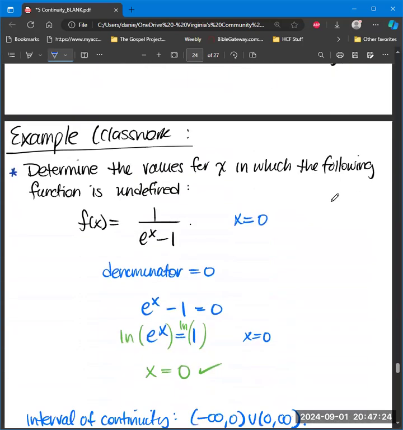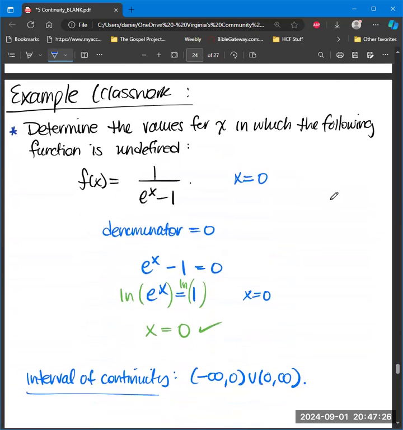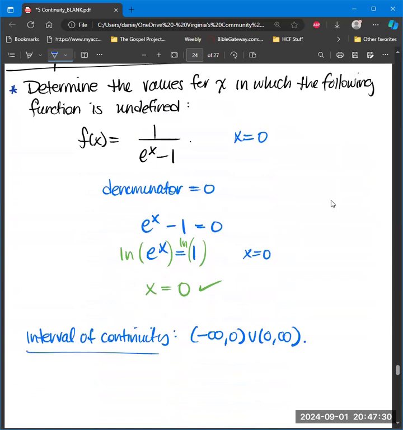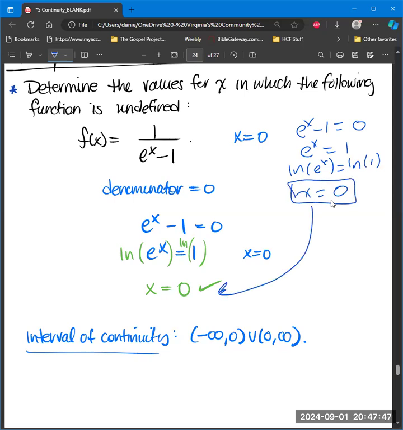Let's determine the values of x for which the following function is undefined. So we would have to say e to the x minus 1 is equal to 0, and then e to the x is equal to 1, and then ln of e to the x is equal to ln of 1, and x is equal to 0, which is what we just did right down here to get that answer. So in that case, that's going to be division by 0.